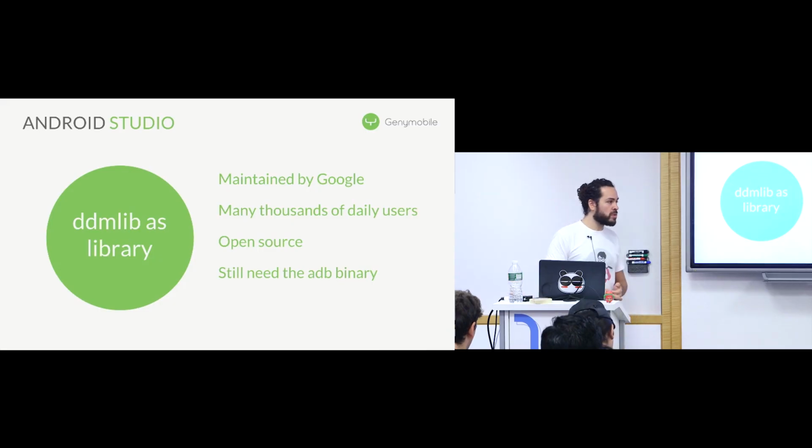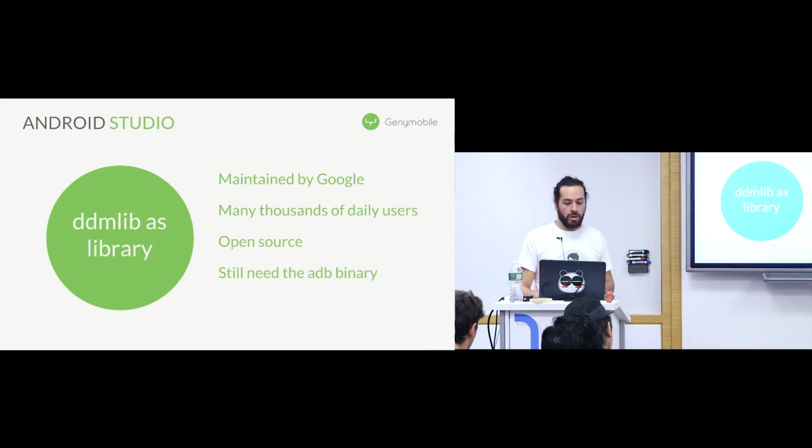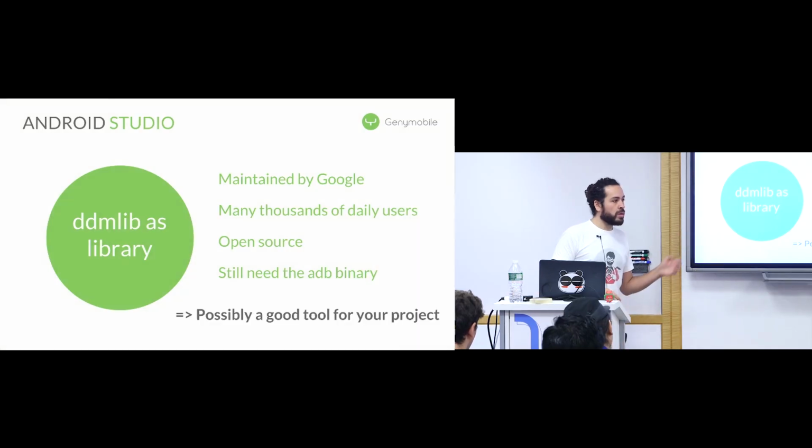It's fully open source, Apache license, like almost everything on AOSP. And even if you still need an ADB binary, that's maybe the good way to go if you are doing Java or Java runtime applications that need to connect and interact with ADB. So that's maybe a good tool for your project if you need it.